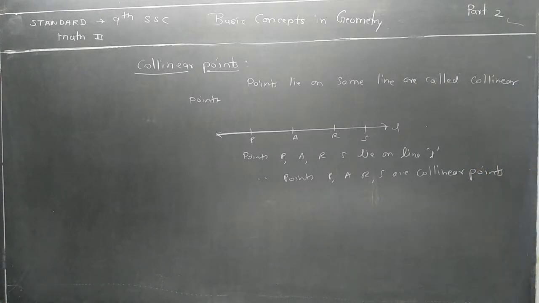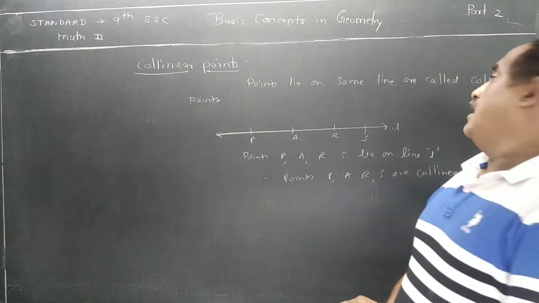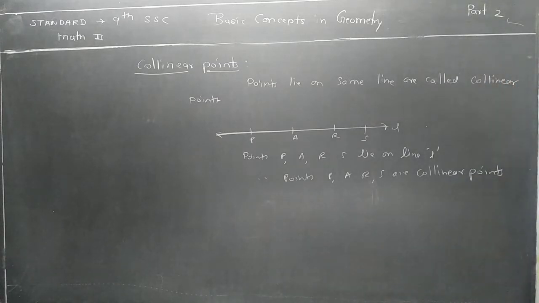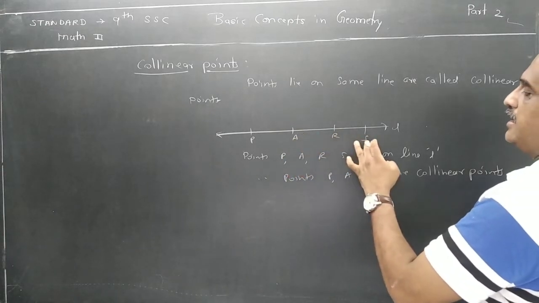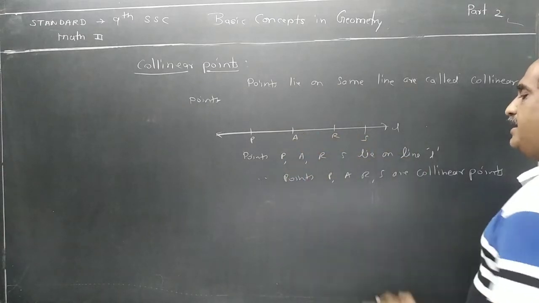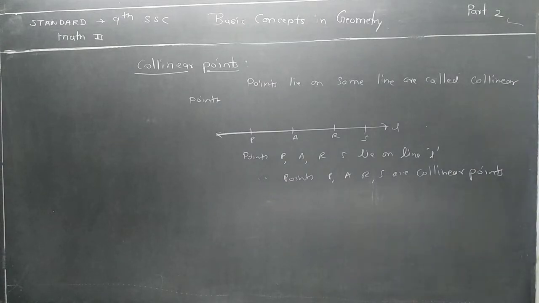Have you understood this? The points which lie on the same line are called as what? Collinear points. See that the points P, A, R, S lie on the same line, so these points will be called collinear points. Okay, you pause your video and copy this.